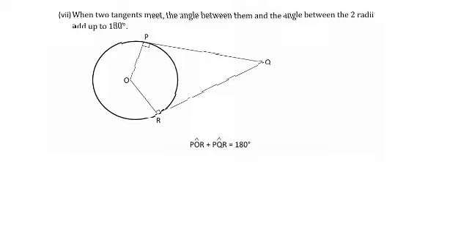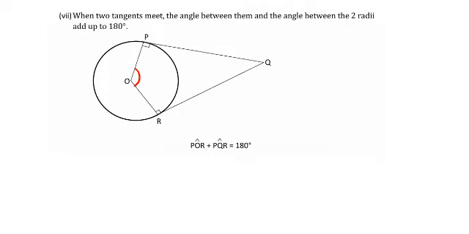They just mean that here angle O and angle Q make 180, which simply means that if here there's a 90, then here it is also a 90, and when you add 90 plus 90, they must give you 180. That is what it means. And as you can see, since this is the radius from point O to R, it is meeting the what? The tangent, hence it is making a 90. Same as OP, it is the radius, it meets the tangent, it is also making a 90.